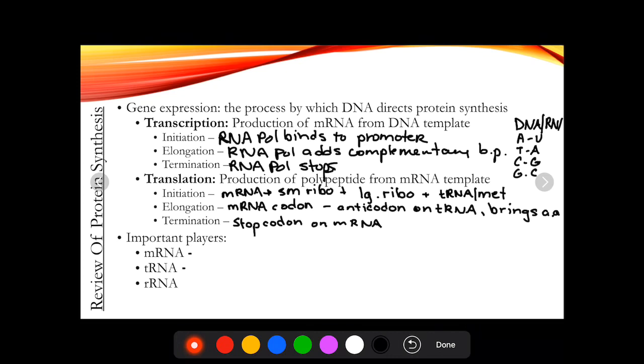Okay, mRNA stands for messenger RNA, okay, so this is basically our photocopied DNA. tRNA stands for transfer. And what are the 2 parts on the tRNA that you must be familiar with? On the tRNA. The amino acid binding site and the anticodon, so we've got an anticodon and an amino acid binding site.